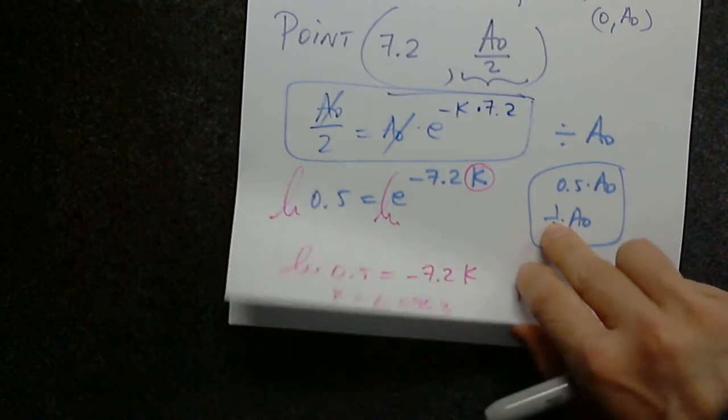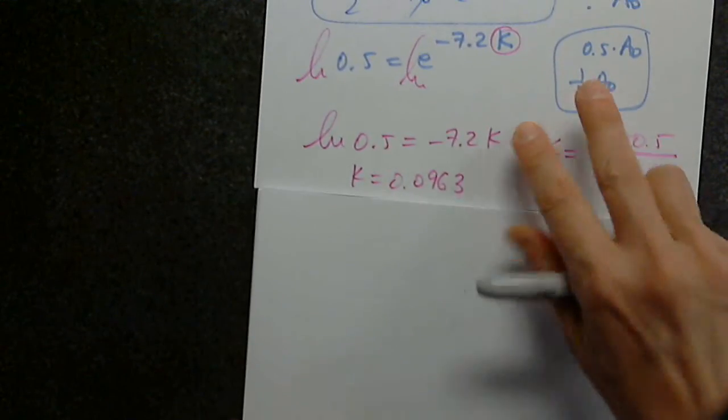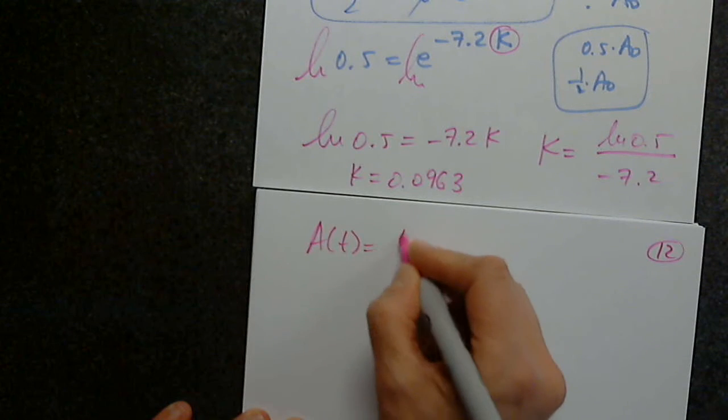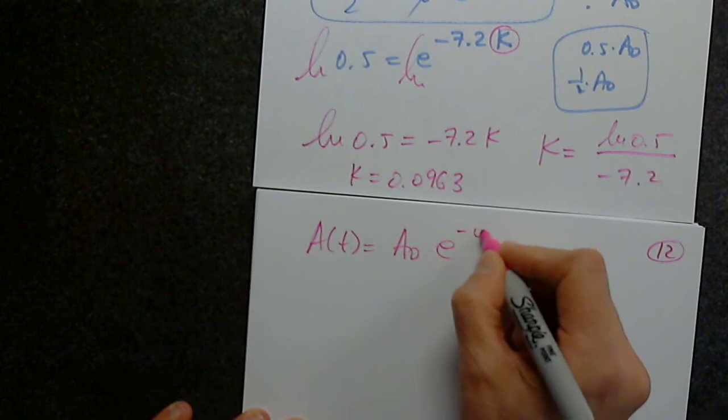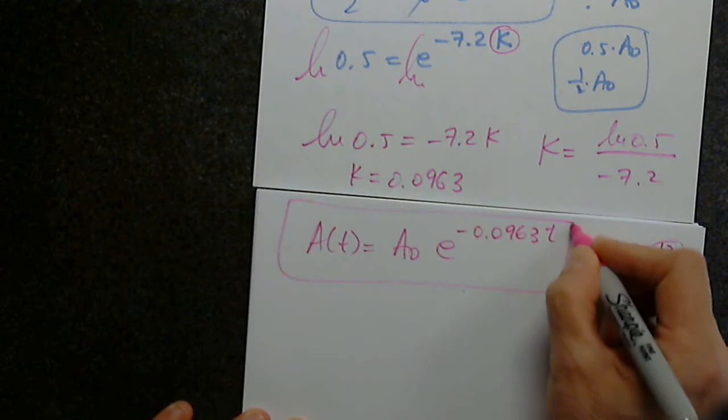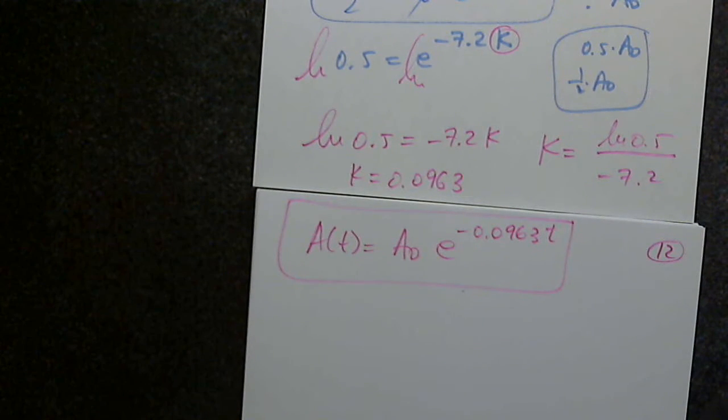Okay, so now I have the model. Let's put it back in the model. A of t equals A0 e to negative 0.0963t. Only now I can answer the question.